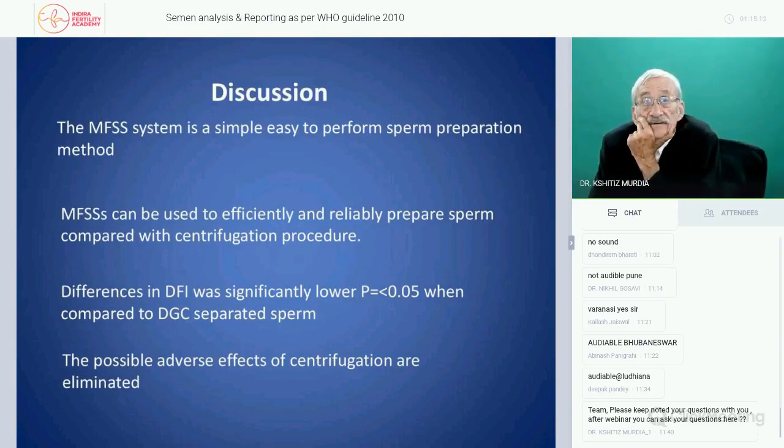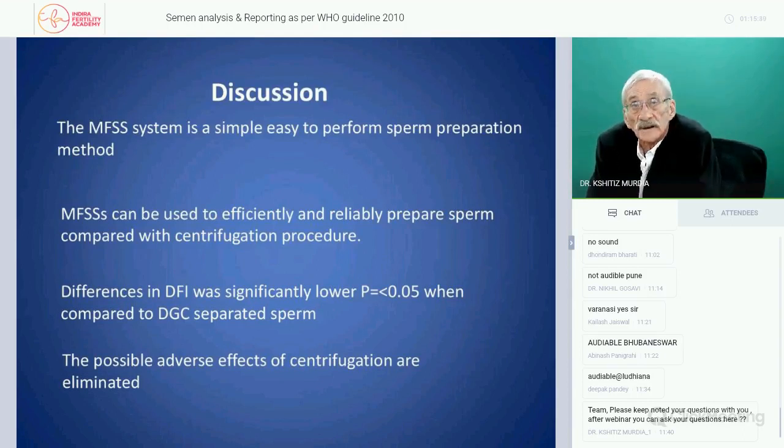The microfluidic system is simple and easy to perform, in a very short time. You need 30 minutes to separate normal DNA intact sperm for your ICSI process. The difference in DFI was significant compared to the double density gradient separation.